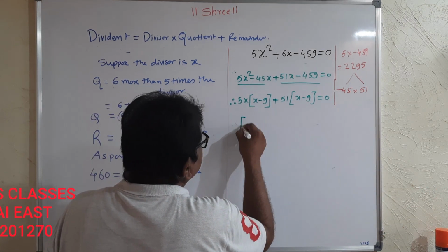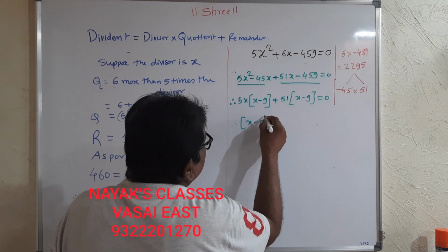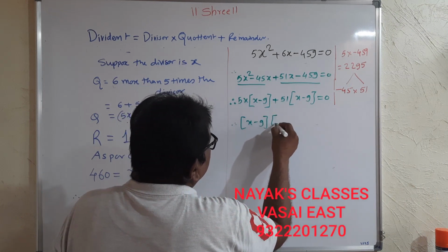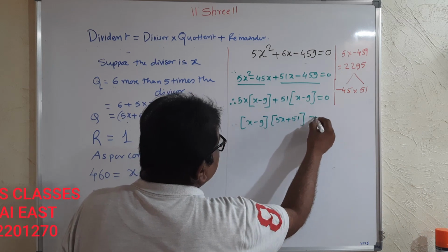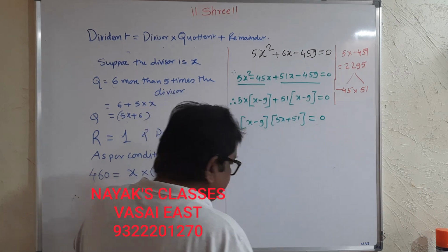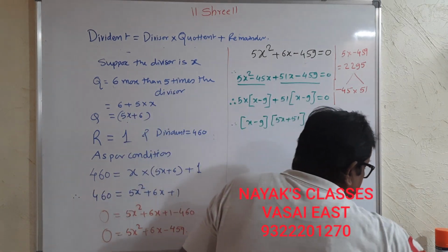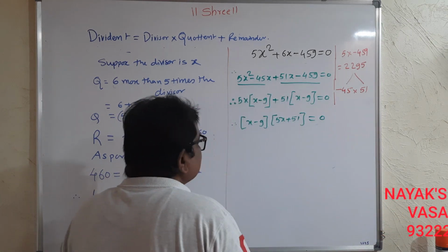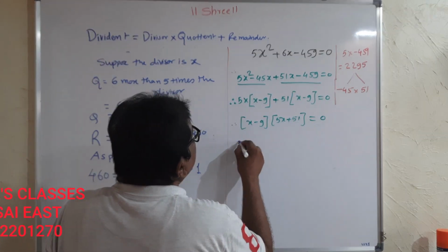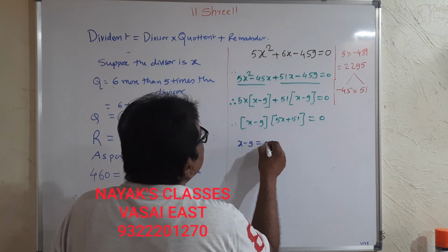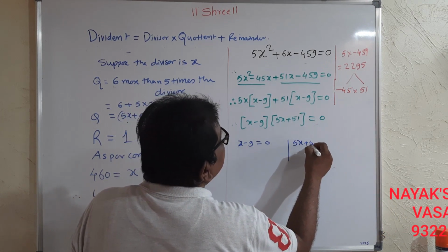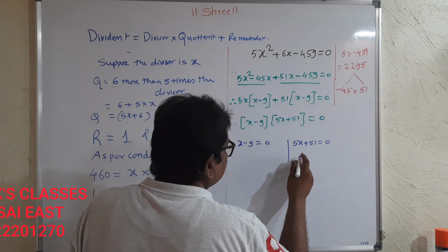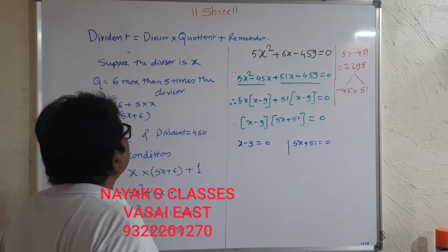Therefore, bracket x minus 9 and another bracket 5x plus 51 is equal to 0. Now equating with zero, either x minus 9 is 0 or 5x plus 51 is equal to 0. Correct?